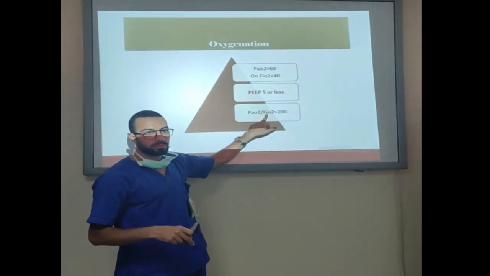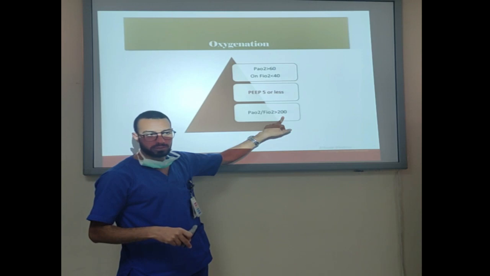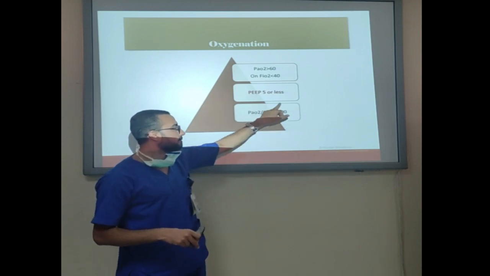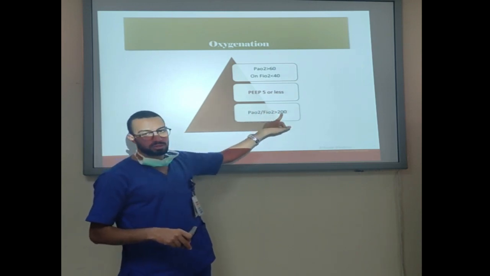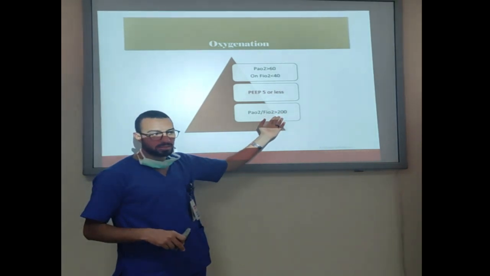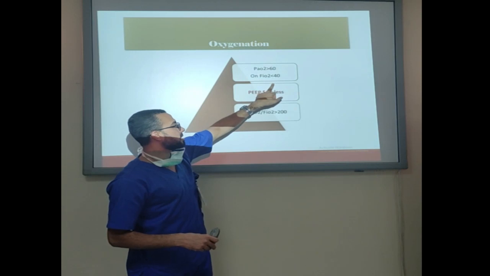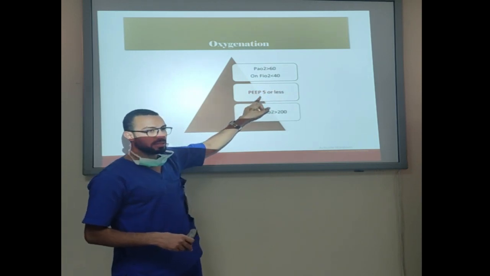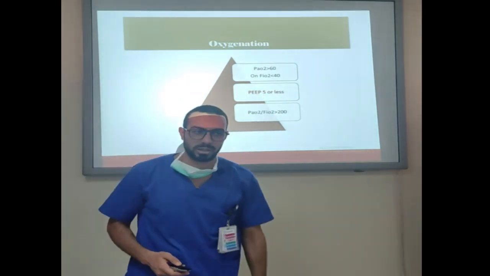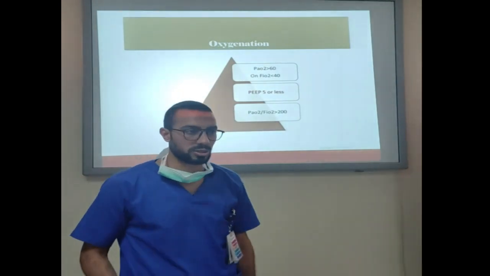So 80 over 0.4 gives you 200. If you have a PF ratio more than 200, it's good, so the gas exchange is good. So PaO2 over 60 if the FiO2 is less than 40 with PEEP 5. If you have this result, it's okay. So you guarantee that you have good gas exchange.